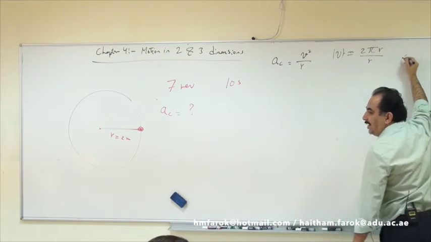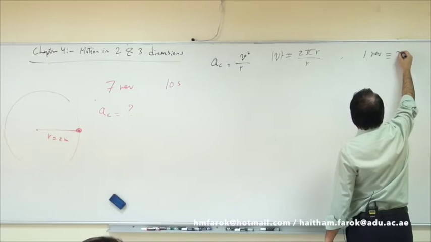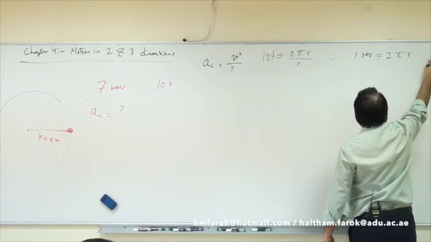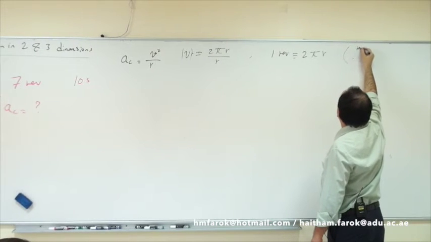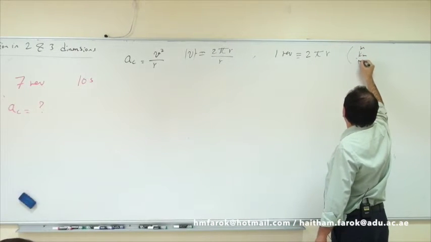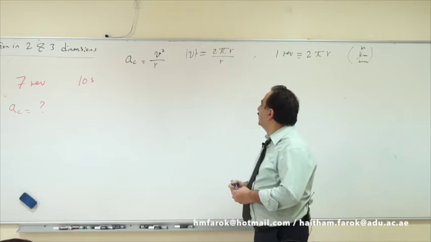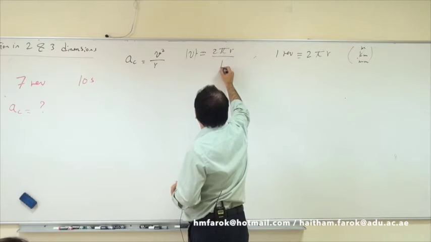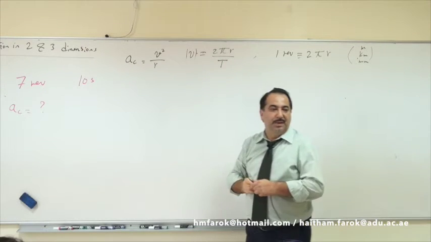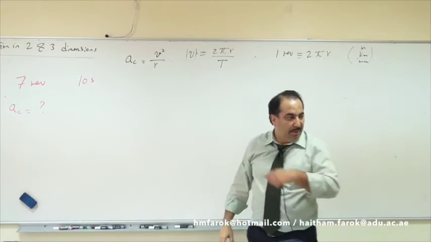And one conversion factor: one revolution is equivalent to 2 pi r. The unit depends on the unit of radius, could be meter, kilometer, millimeters, whatever. The speed is 2 pi r over the period, the time of one revolution.